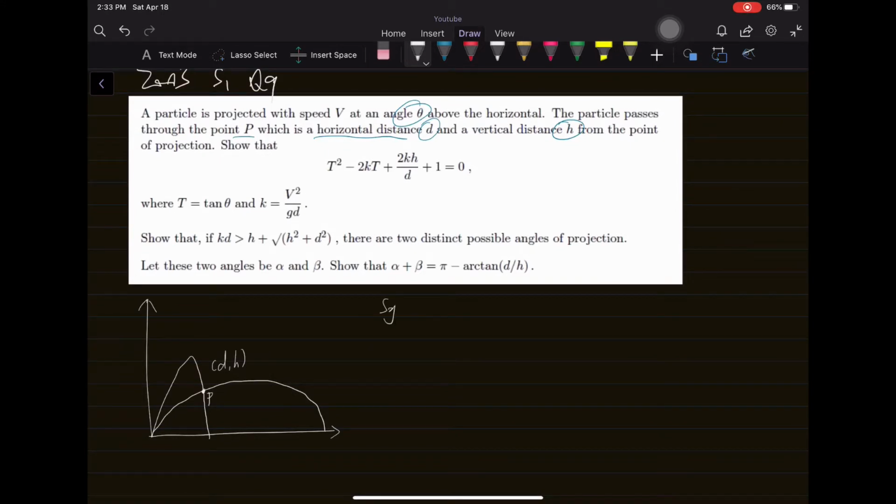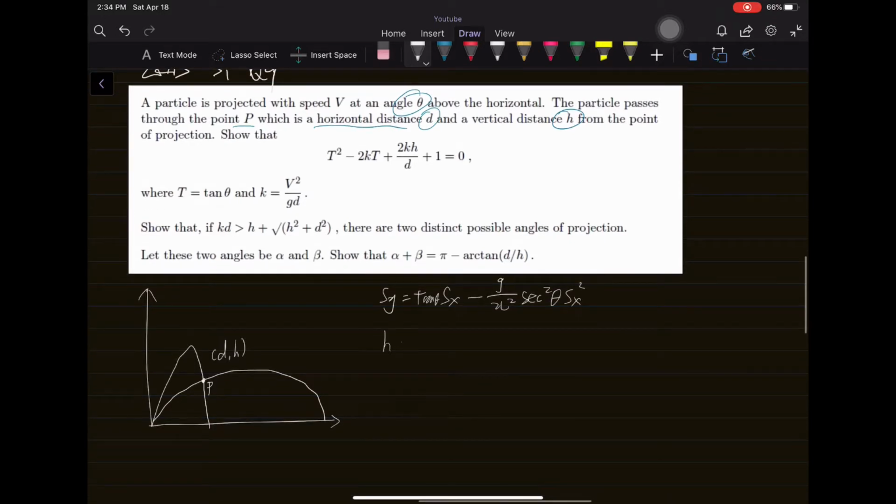We know sy equals tangent theta sx minus g over 2v squared sec theta squared sx squared. So h equals d tangent theta minus the term with d squared. It says let t equal tangent theta and k equal to this.